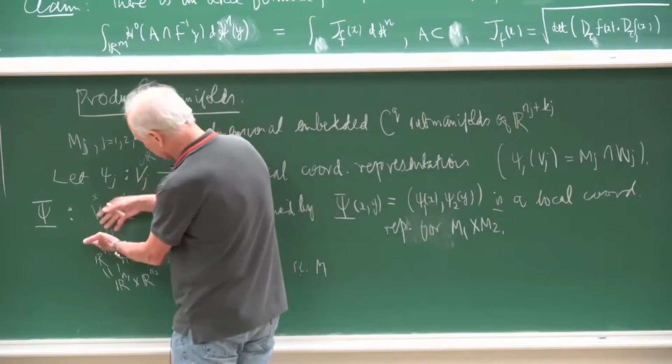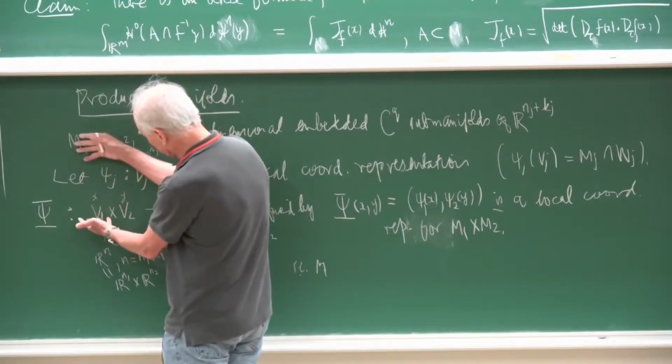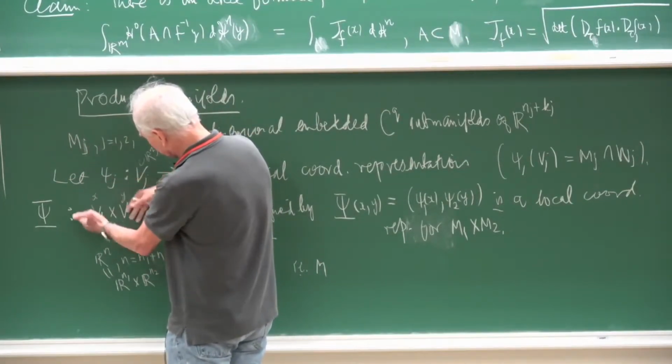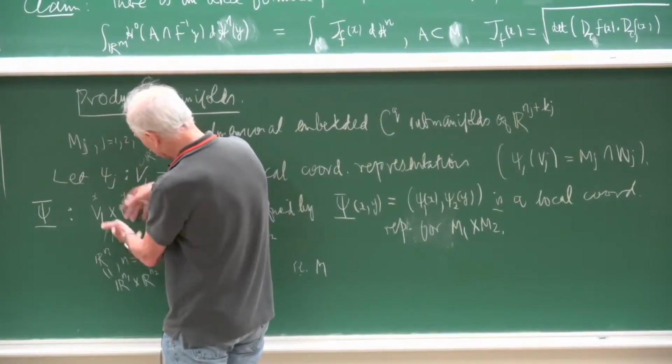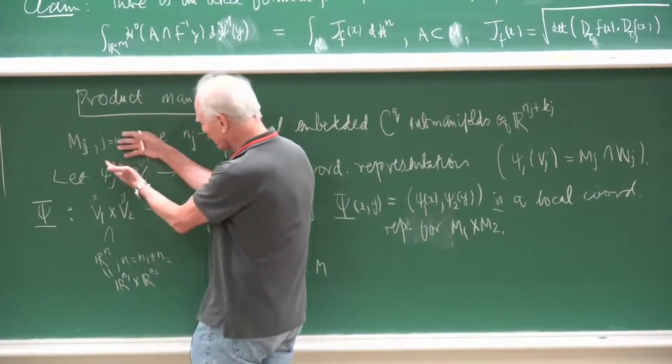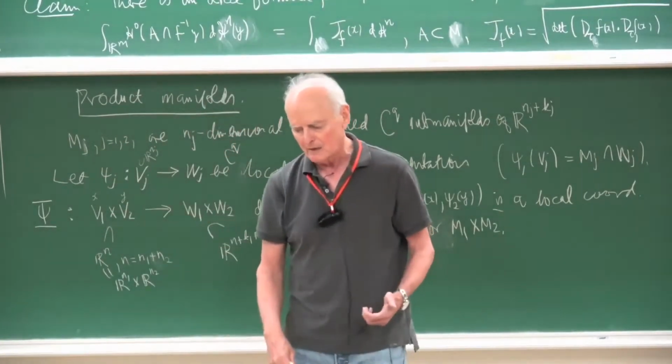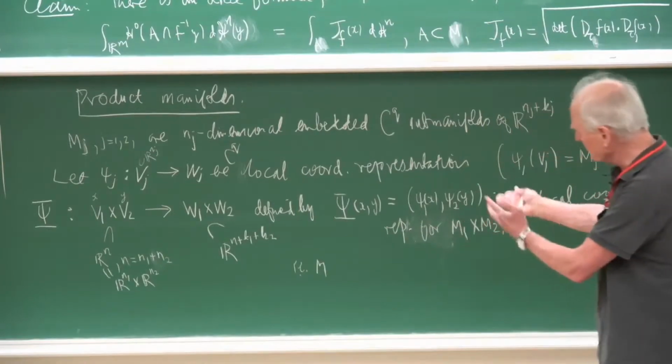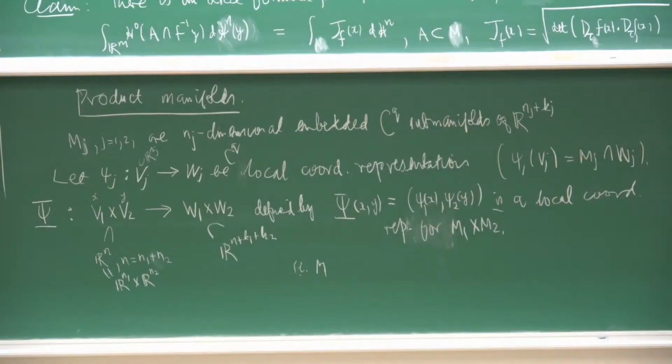Remember, these V1 covers all of M1 and V2 covers M2. By choosing V1 appropriately, you can include any point of M1, and by choosing V2 appropriately, you can choose any point of M2. So this gives you a map that's defined in a neighborhood of any given point of M1 Cartesian product M2.